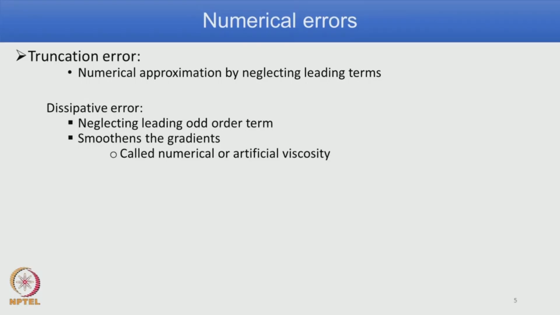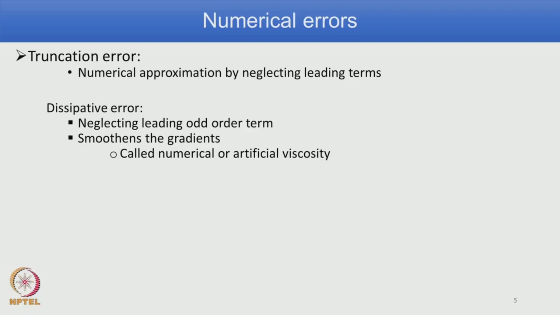One is dissipative error. Here the leading neglected term is of odd order. This behaves like a viscosity. In basic fluid mechanics, viscosity helps in diffusion.